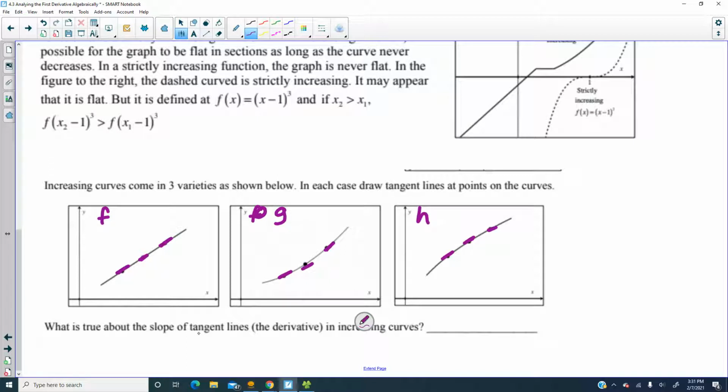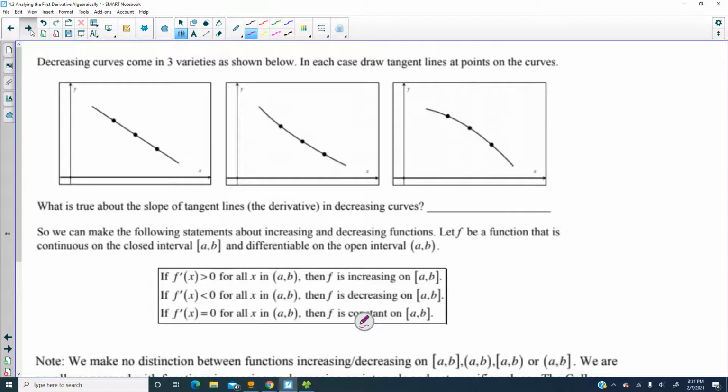So what's true about the slope of tangent lines, or the derivatives, whenever the original function curve is increasing? Well, those tangent lines are positive. And this is a review a little bit about what you did last class.